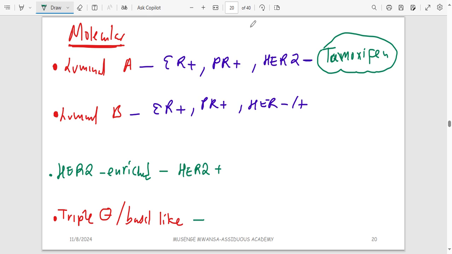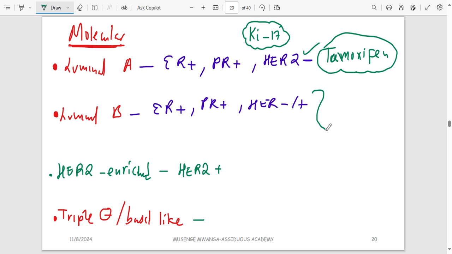There's also what is known as Ki-67. It is a tumor marker. When you look at Luminal A, it is going to have less than 14% of this tumor marker, meaning that it's not really bad.